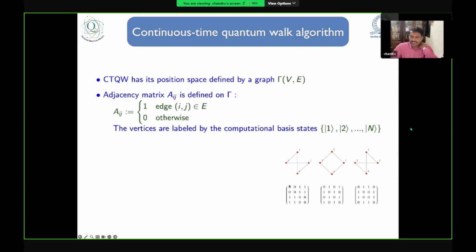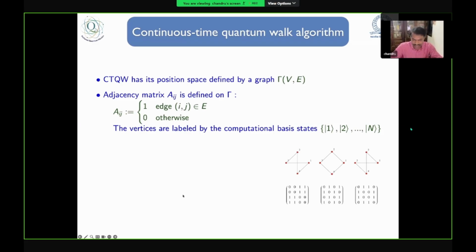Here, 1 is connected to 3 and 1 is connected to 4, so I get 1 and 1. 1 is not connected to itself and not connected to 2, so those are 0. Similarly, 2 is connected to 3 and 2 is connected to 4. So for this graph there is this adjacency matrix, and for the other graph, this one.